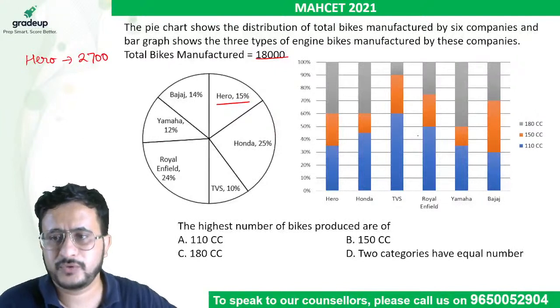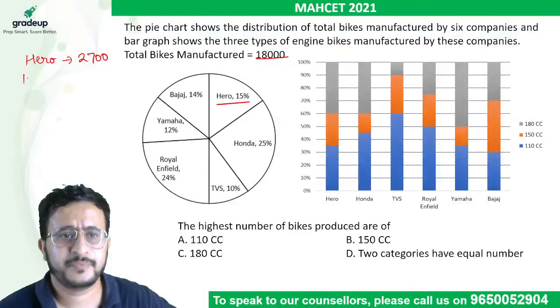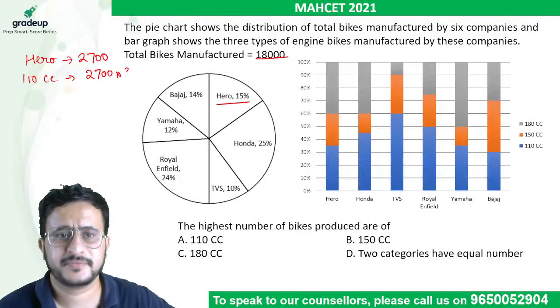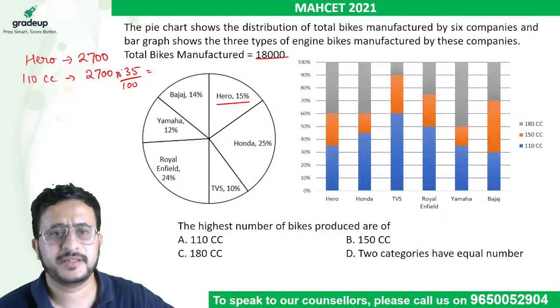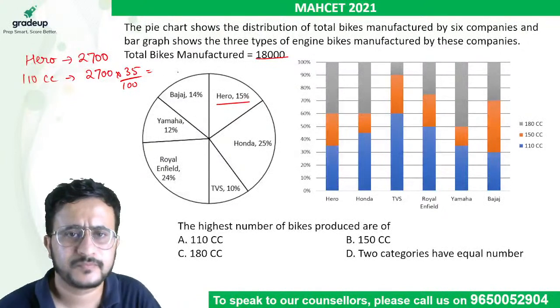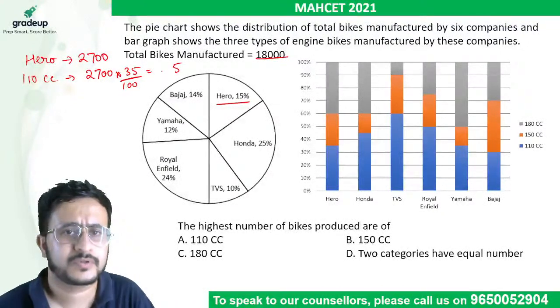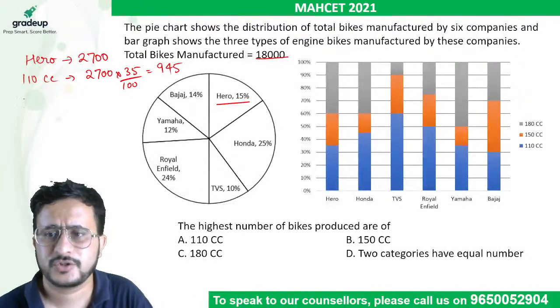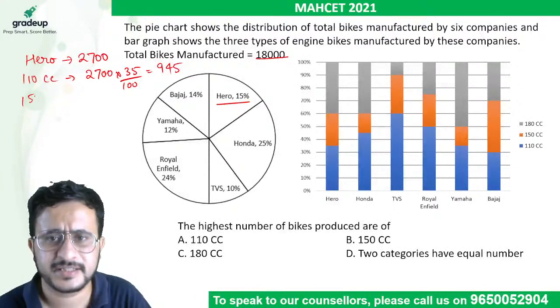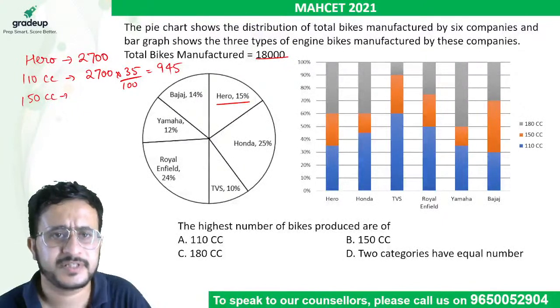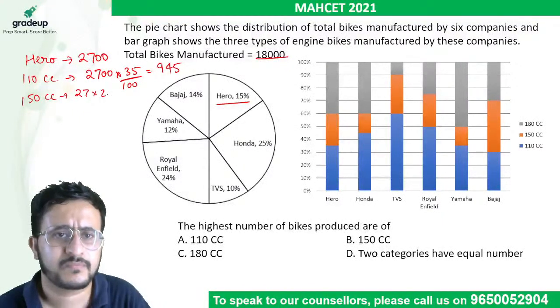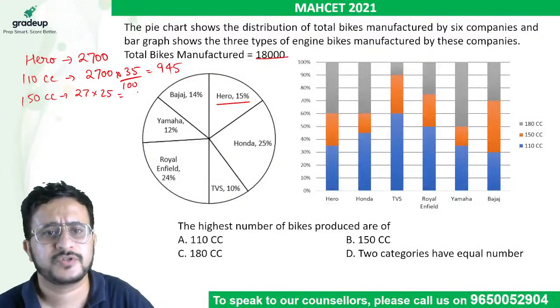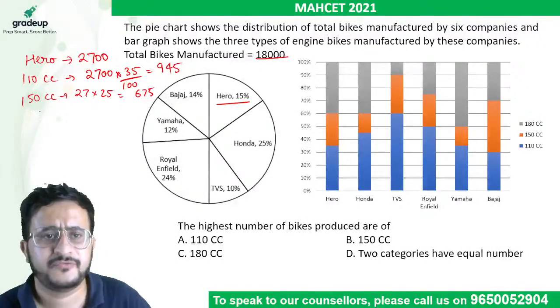If I calculate 110 cc for Hero, it is 35% of 2,700, which will be 945. Then 150 cc is 25% of this, so that will be 675, and 40% is this.